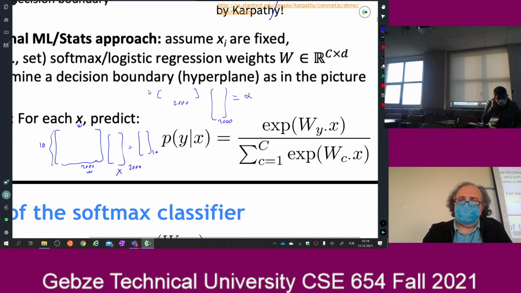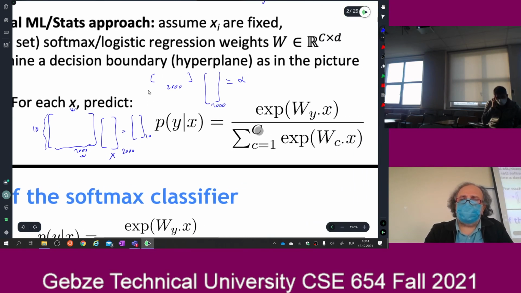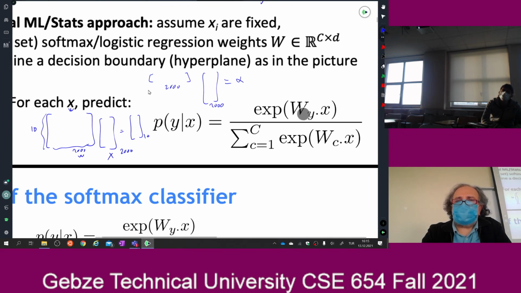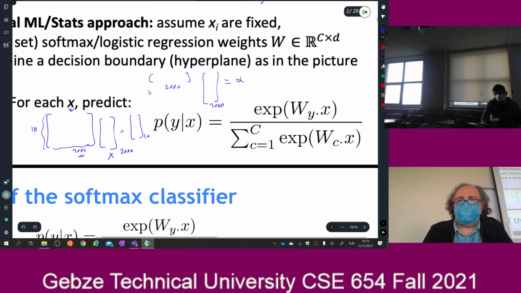I am going to multiply myself with all the rows of this weight matrix, and by doing this, for this class Y, I am comparing my similarity to that class Y with the rest of the classes. Whichever I am closer to, this probability will produce a higher value. And that's how I define this probability.